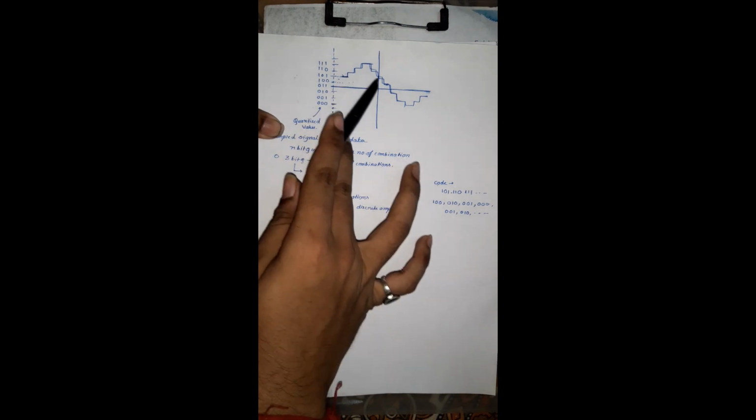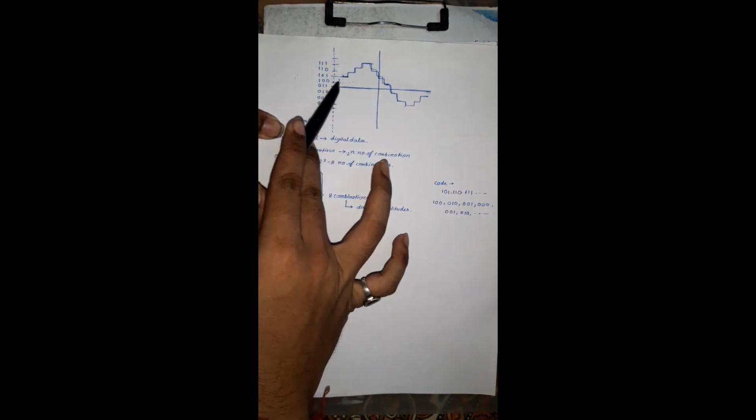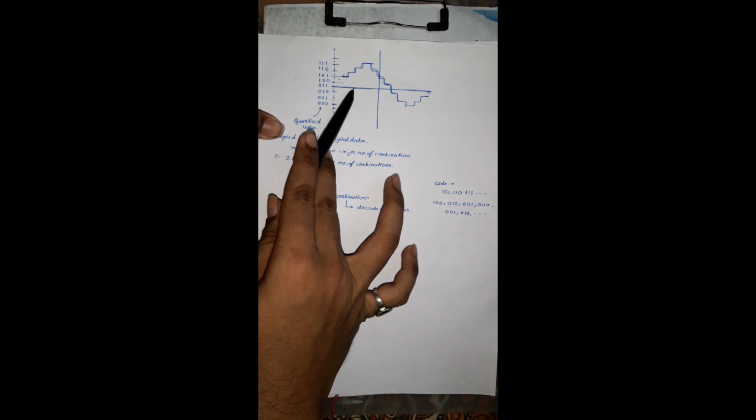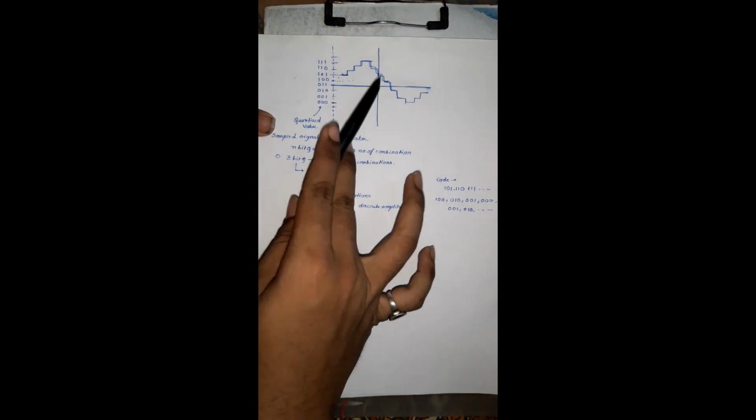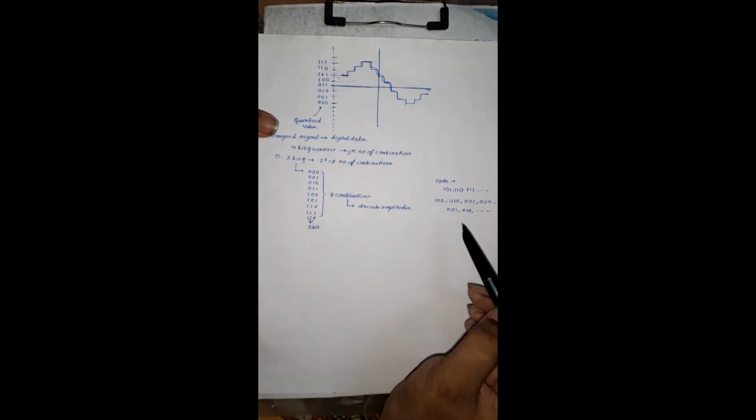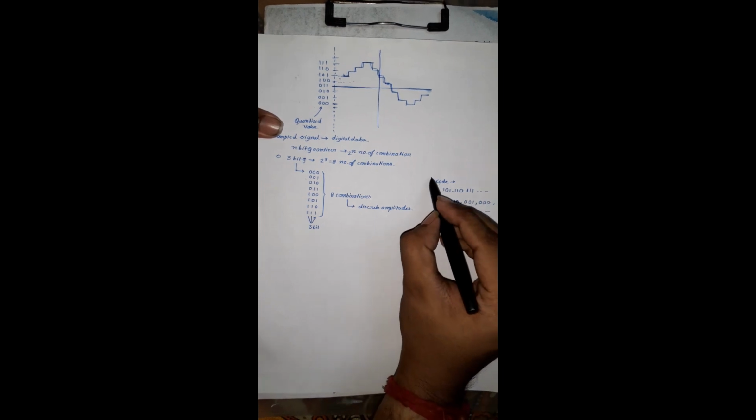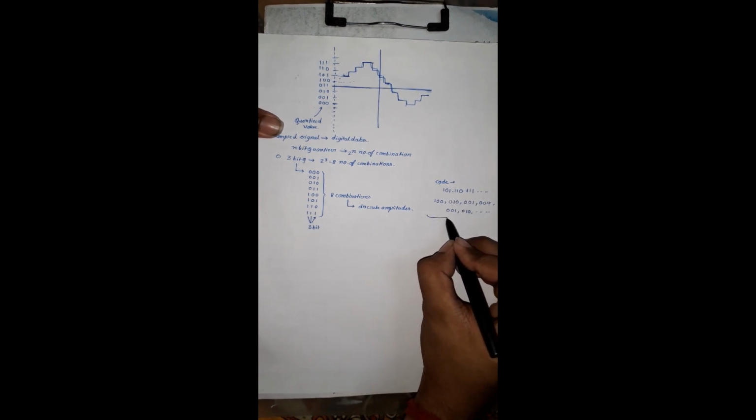In this way, we have discretized this continuous valued signal into the discrete domain. We have sampled this signal, and from this sampled signal we are getting a continuous code, right?